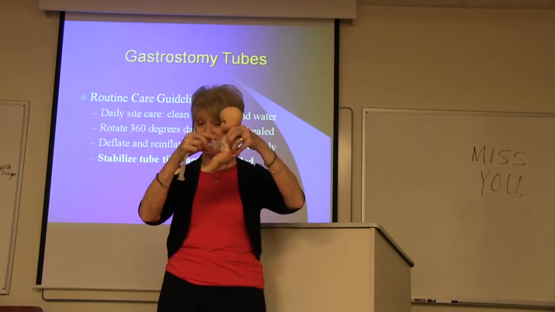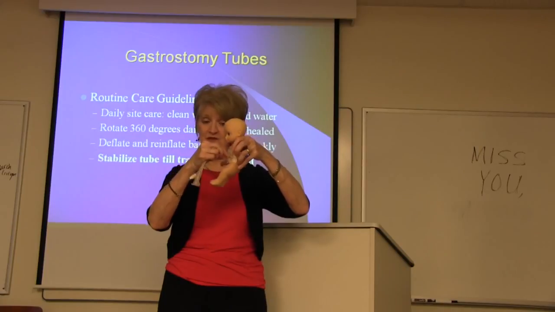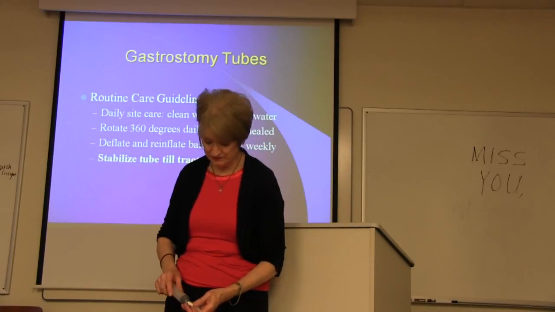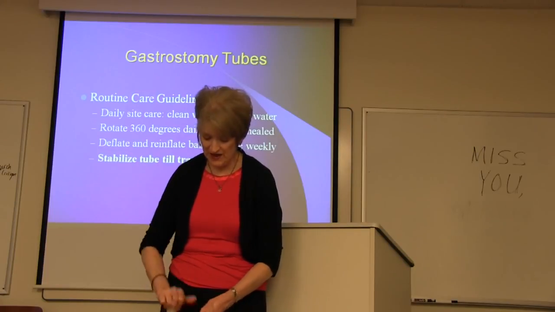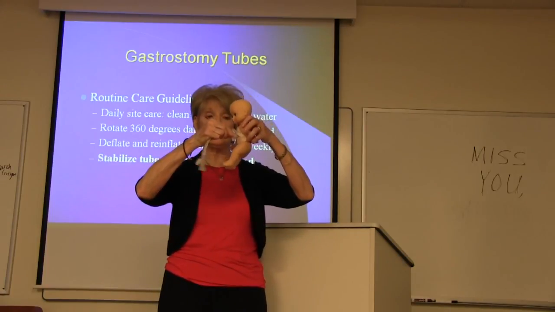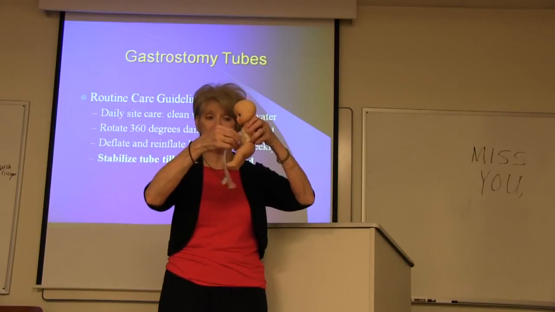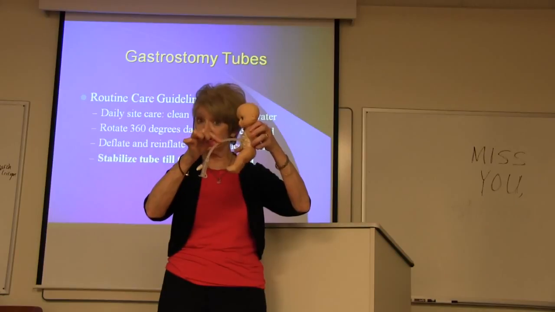So if my disc is not in position, the tube is doing this, back and forth, in and out, every time that patient moves. But if I have the balloon inflated correctly, and then I use the skin level silicone disc, and the silicone disc is sitting right at skin level, it doesn't matter what this patient does.